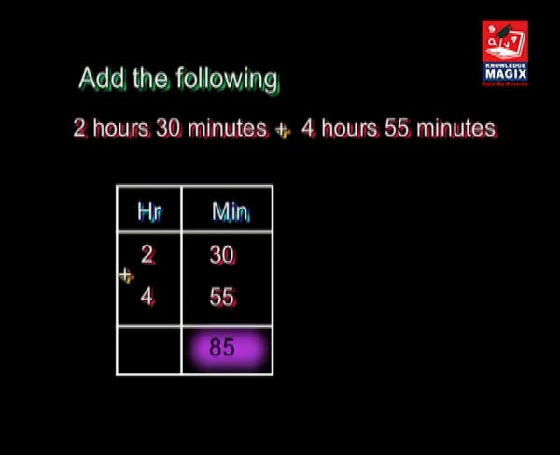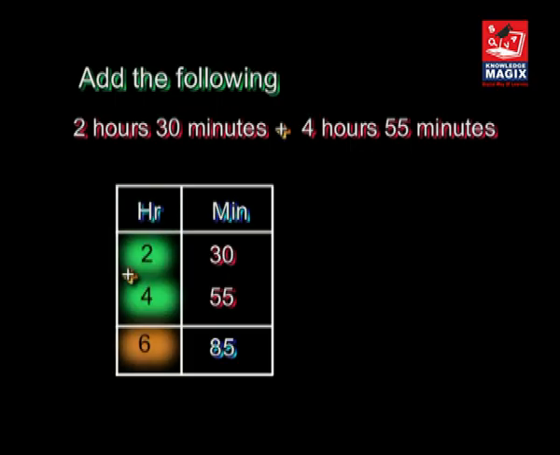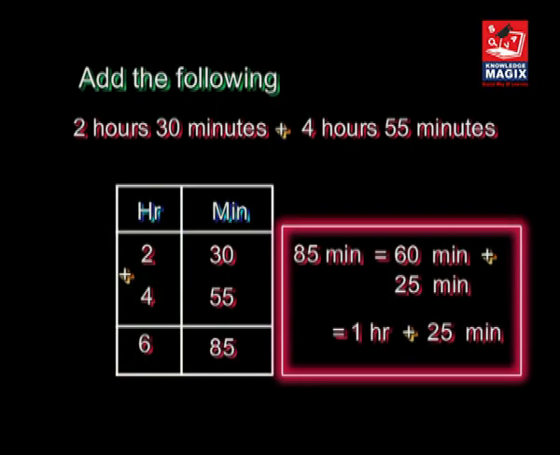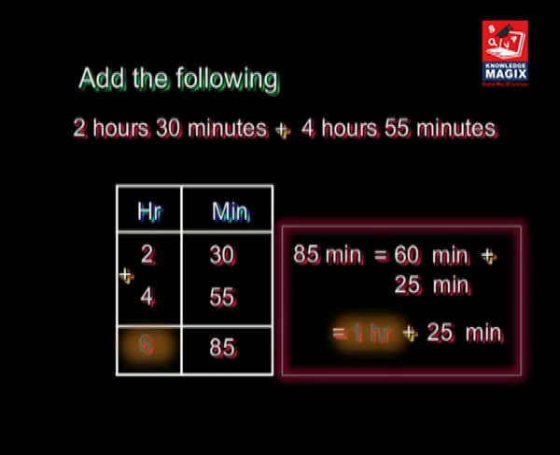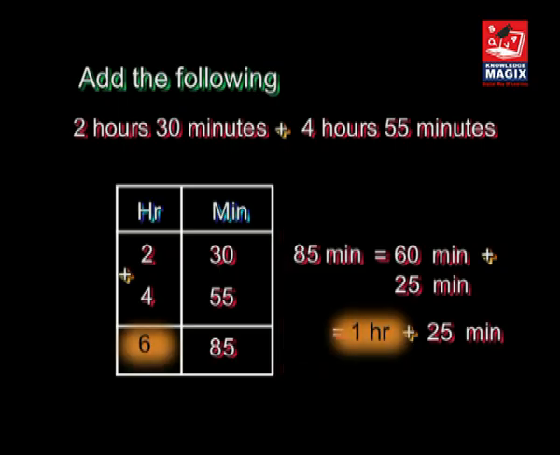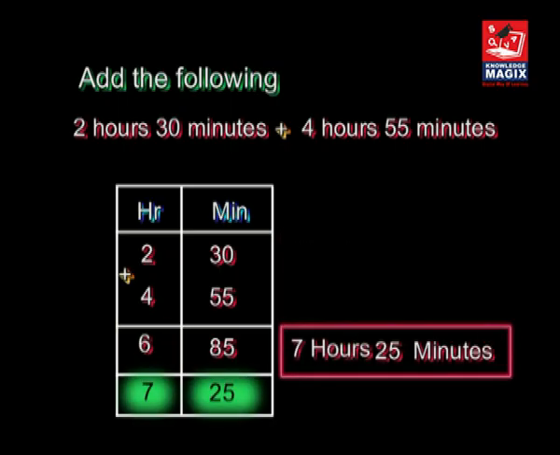So 85 minutes. In the column of hours, 2 plus 4, 6 hours. Now 85 minutes means 1 hour and 25 minutes. So let's add this 1 hour to 6 hours. Therefore, it is 7 hours 25 minutes.